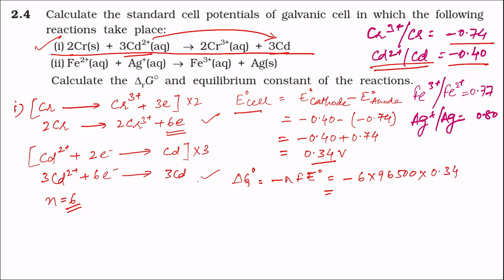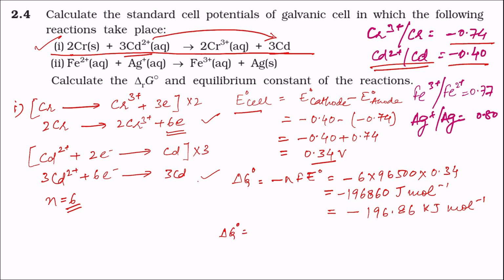This is equal to minus 196,860 joules per mole. Or if it is changed to kilojoules, just divide this value by 1000. So this becomes minus 196.86 kilojoule per mole.